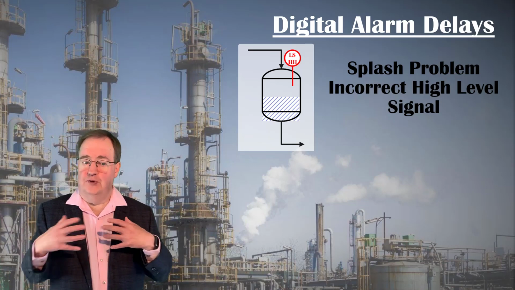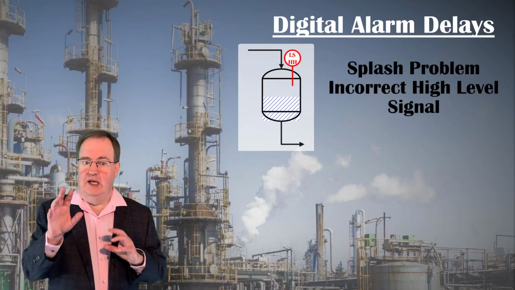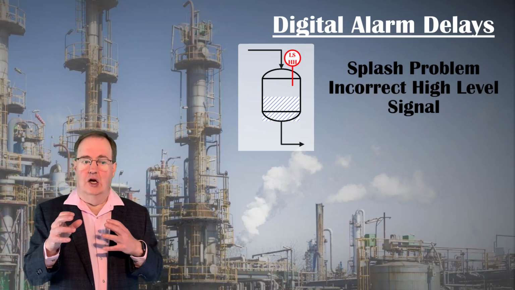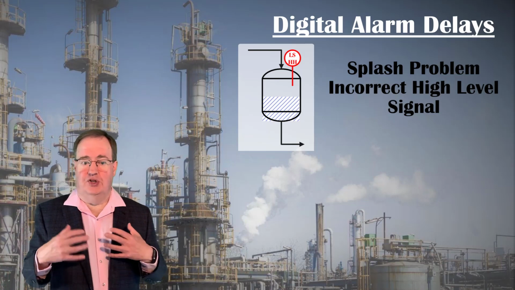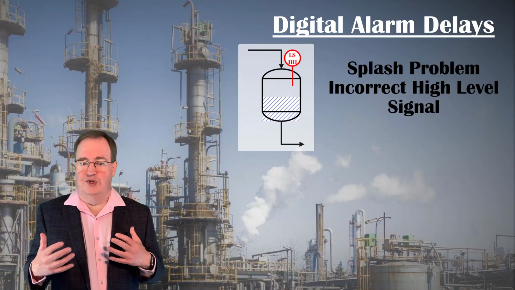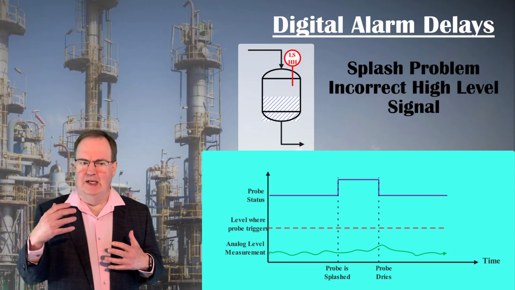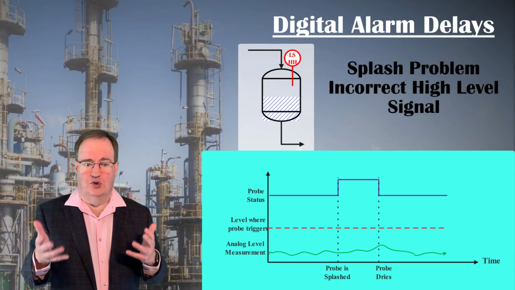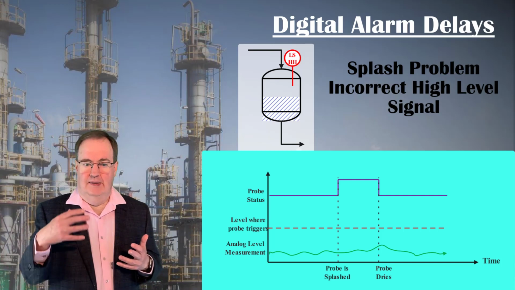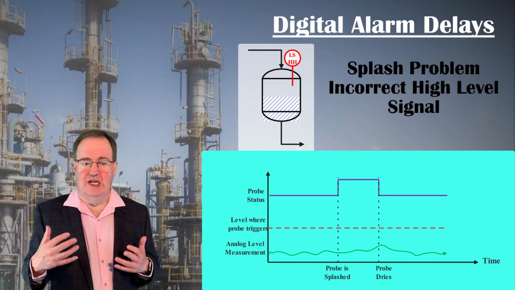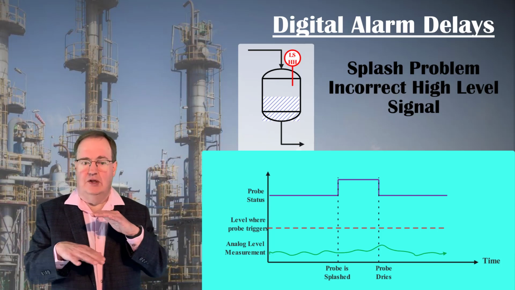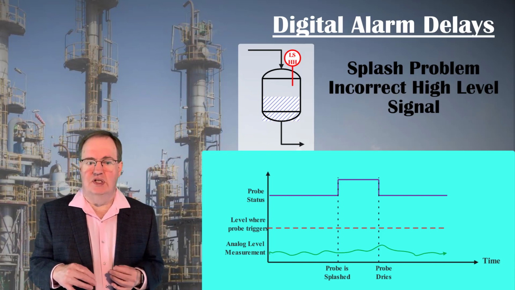A receiver overflowing raises serious safety and equipment concerns for the column, so an alarm, if not a column shutdown, should be triggered when the high-level probe is immersed. But in normal operation, the probe may get splashed every several minutes and show a high level for 5 to 20 seconds before reverting to normal, despite all of this time a normal level being present in the receiver.